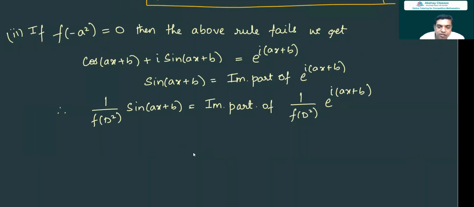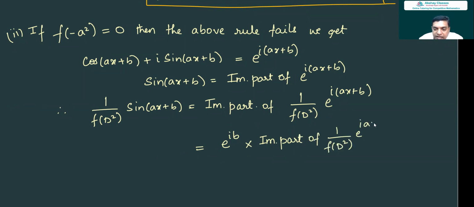Now, e power ib we can take out. e power ib will come out times the imaginary part of 1 by f of d square e power i ax.